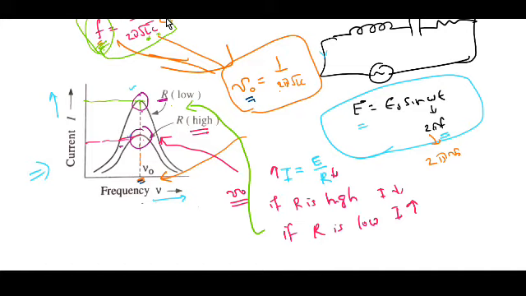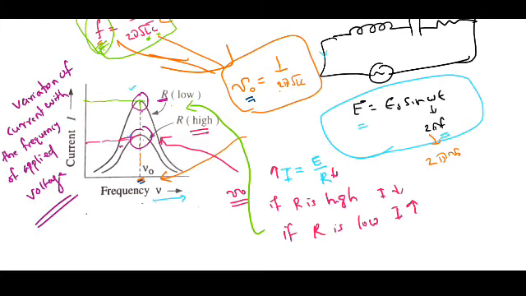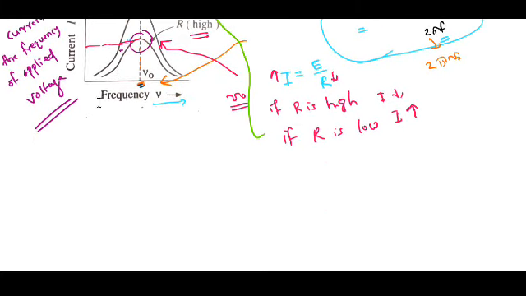This I want to mention here. You note down that this graph is a variation of current with the frequency of the applied voltage. And the point that we obtained from this discussion is that the sharpness of the peak depends on the resistance R.